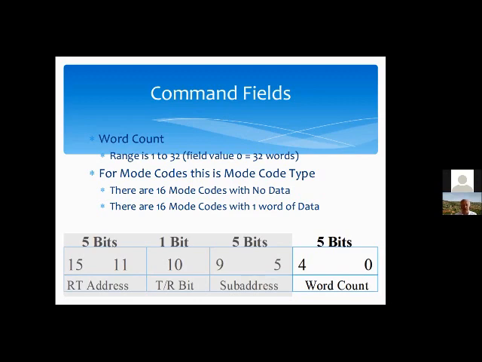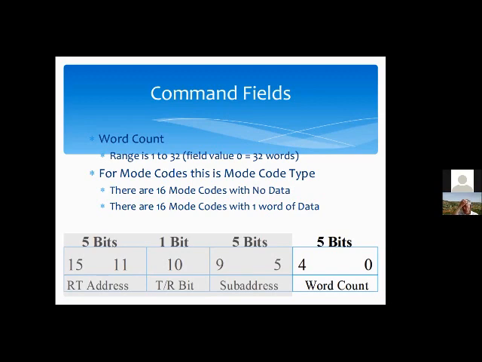And it turns out that that's exactly what they use, one of those bits, bit 4. The high bit of the word count is used to determine whether the mode code is going to contain data or not. And the low 4 bits, which gives us 16 possibilities, are 16 different kinds of mode codes. So there are 16 kinds of mode codes with no data and 16 kinds of mode codes with data.